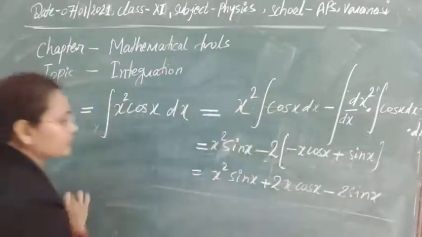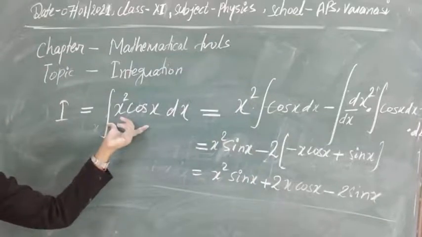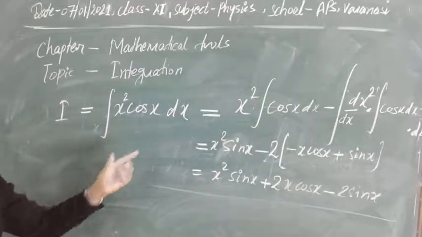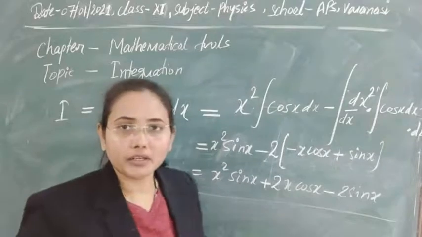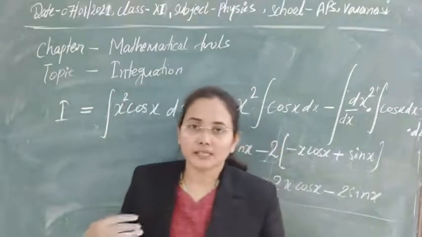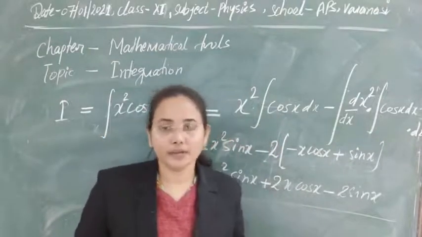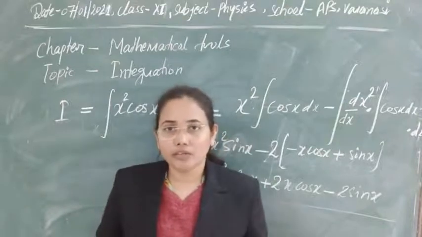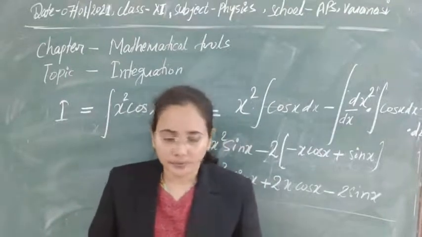So this is the answer of the integration of this function that is given to you. So in this way, one by one, if you are applying integration by parts, then you can easily solve whatever functions are given to you.